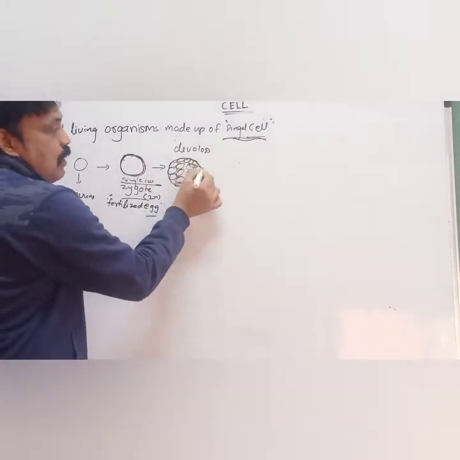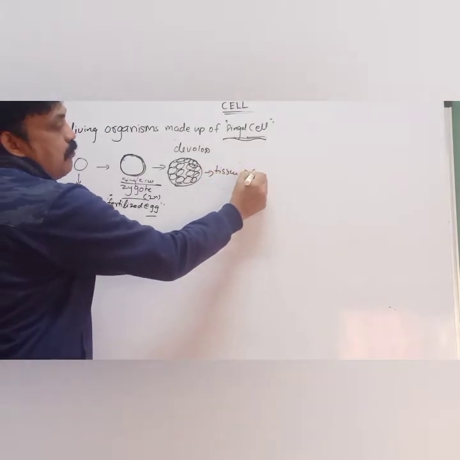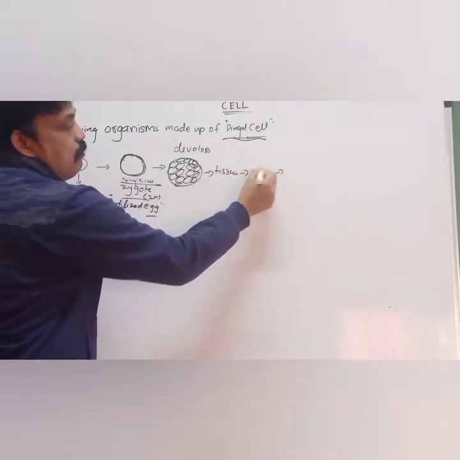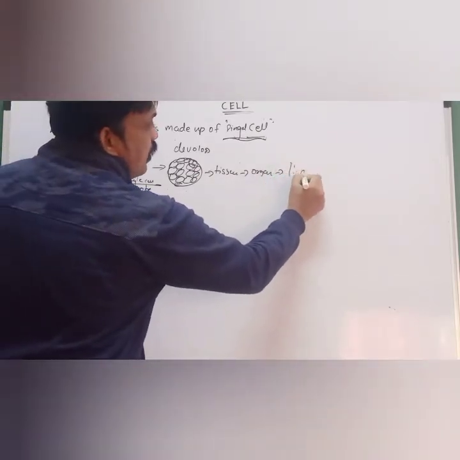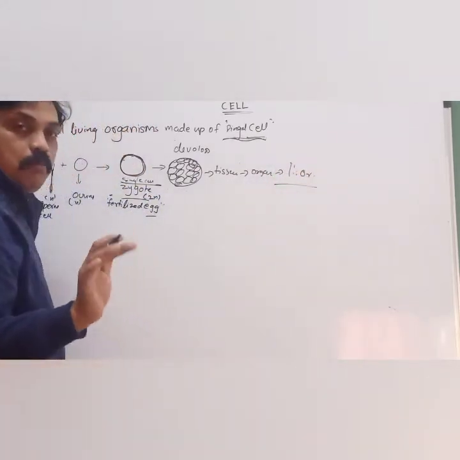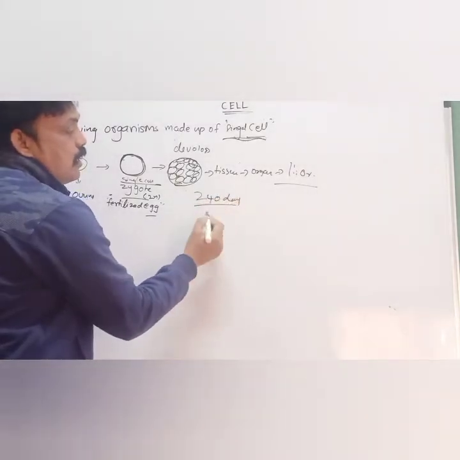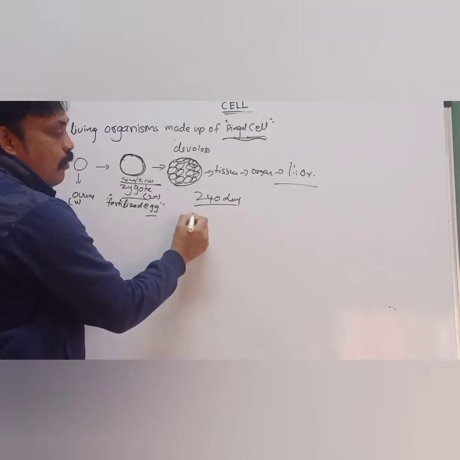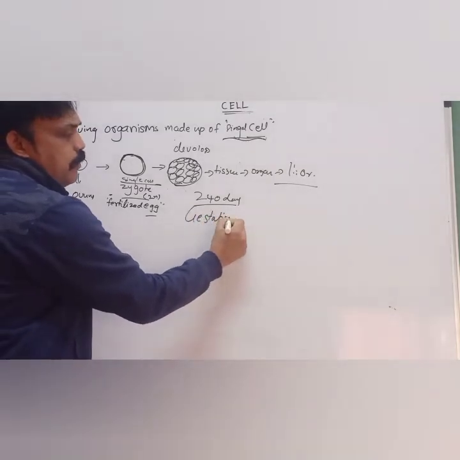The group of cells combine and form tissues. Tissues combine and form organs. Organs combine and finally form living organisms. That means for human beings, it takes 240 days. What we call this is the development period, or we can call it the gestation period.